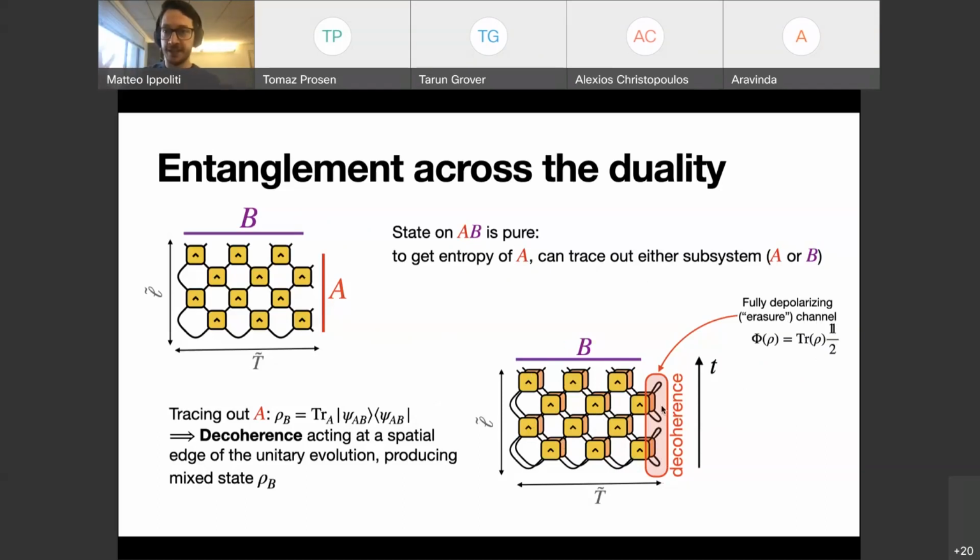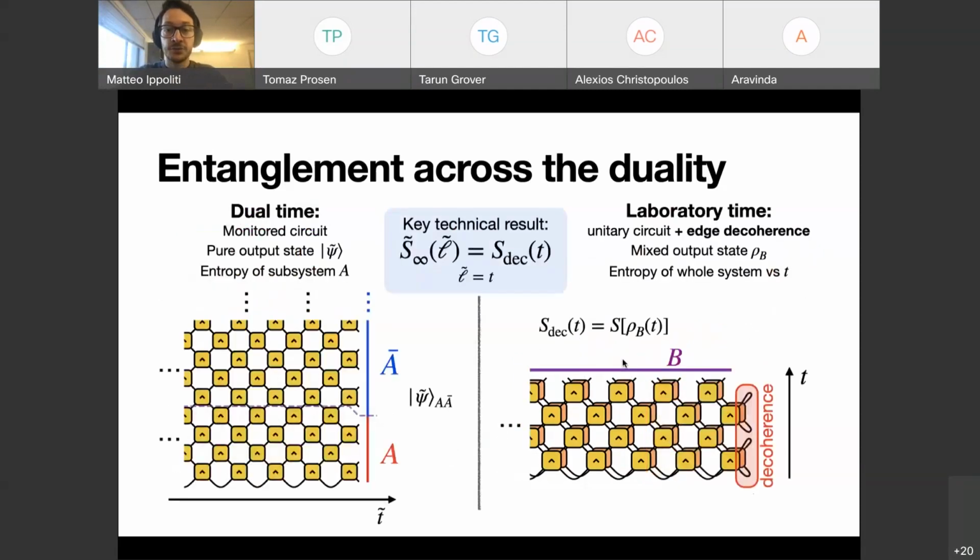Okay, so dynamically here we have a unitary circuit in the bulk, and this very strong thermal bath, basically, that's decohering one edge of our one-dimensional chain, and then this entropy that's injected at the edge is going to be transferred into the system and make it into this final state at B, which is going to be mixed. And so the key result here is that the entropy of this state, the mixed state of B that we obtain, actually equals the quantity that we set out to study.